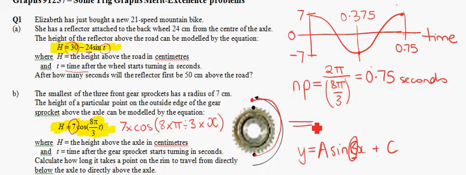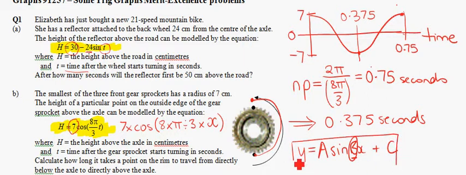So the answer to our question, how long it takes a point to get from here to here, or alternatively from here to here, is 0.375 seconds. You could perhaps watch this again, make sure you're using your calculator and trying it.